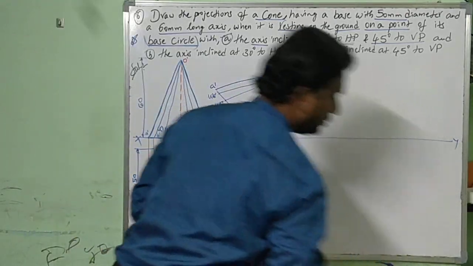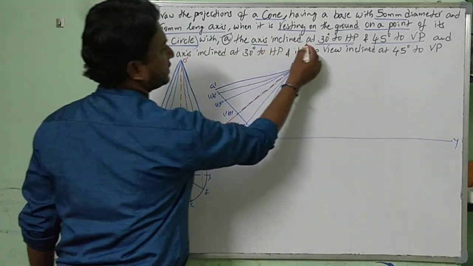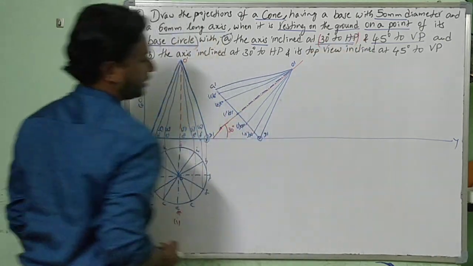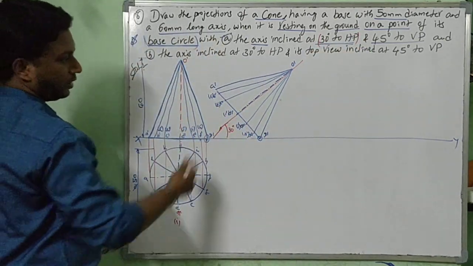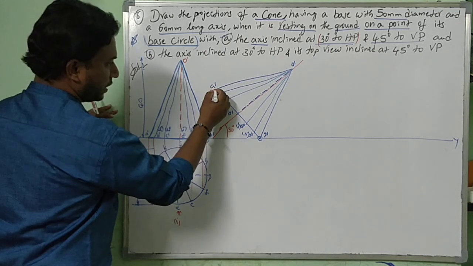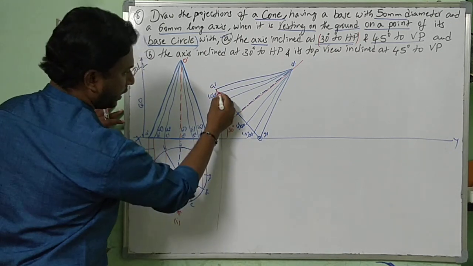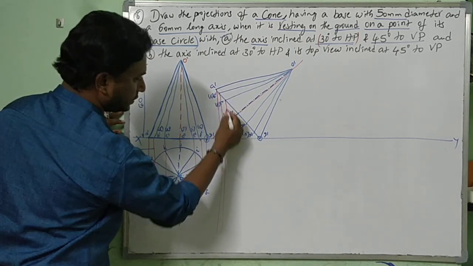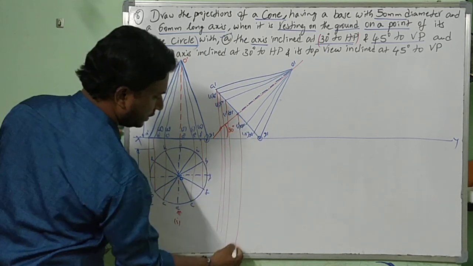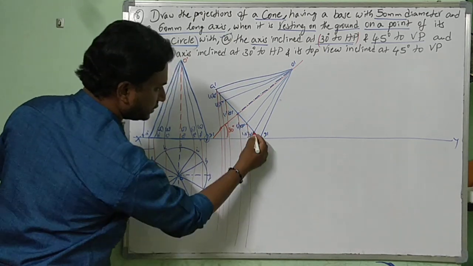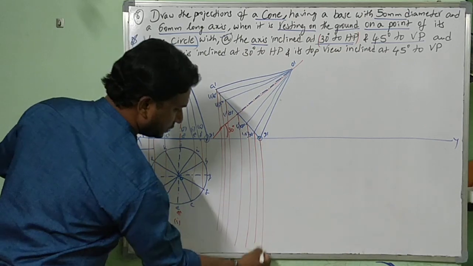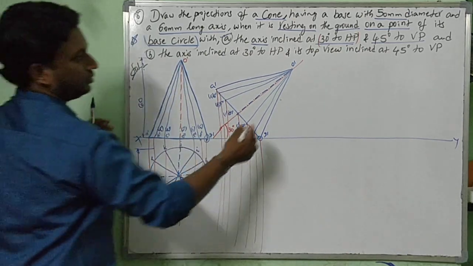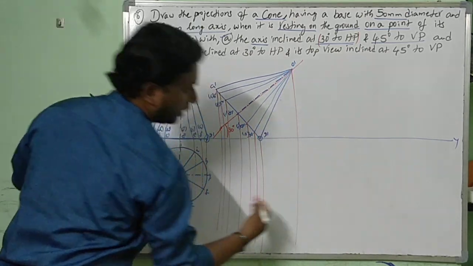Front view, second stage: we have drawn axis inclined at 30 degrees to HP. Now from here, vertical projectors down. A dash, B dash, C dash, D dash, E dash, F dash, G dash, H dash. Now this axis, O dash.